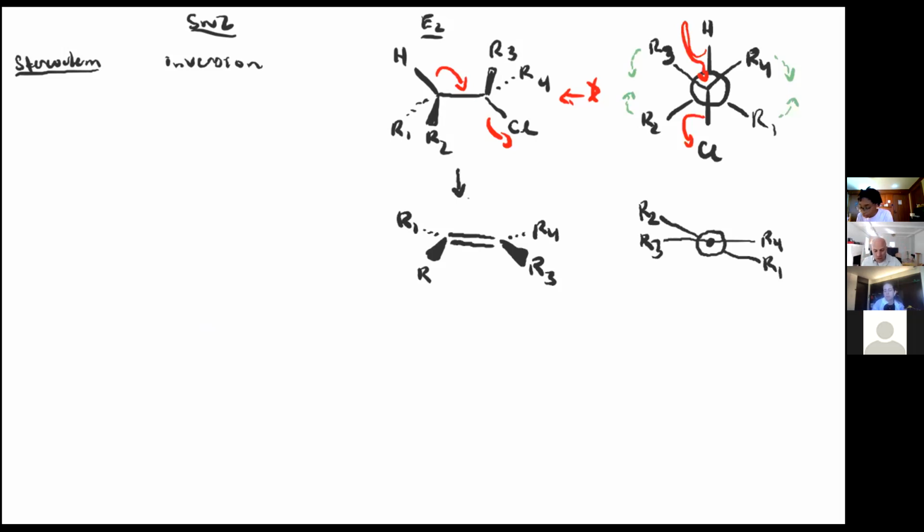And then ask yourself the question, which substituents are on the same side, okay? R3 and R2 in the line-wedge diagram on the left here are coming out at us. They're on the same side. You can see that hopefully more clearly in the Newman projection, okay? R1, R4 on the same side. Again, hopefully obvious from the Newman projection.